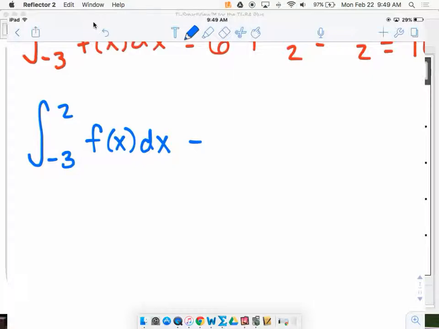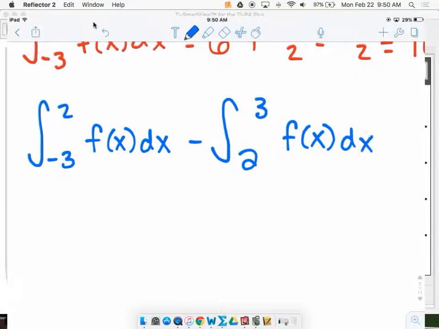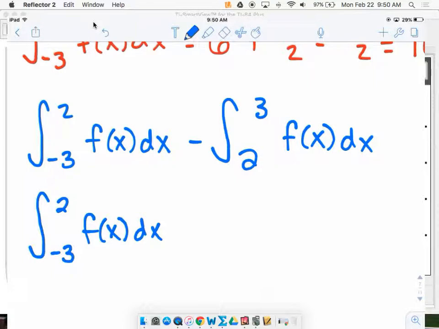Minus, right, you could do 2 to 3. If we switch these, that'll go from 3 to 2, and whenever you switch them, you have to put what out front?